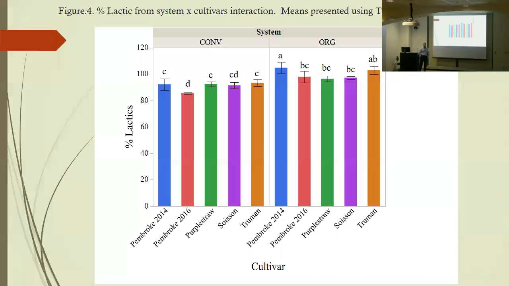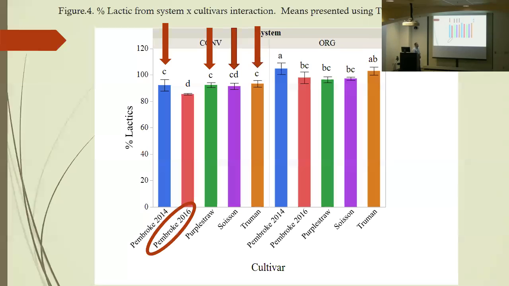Here is the really interesting result in this slide. So, in the organic system, in the parameter of lactic acid SRC, or gluten strength, we can see that Pembroke 14, Pembroke 16, and Truman had a higher average rate in this parameter.